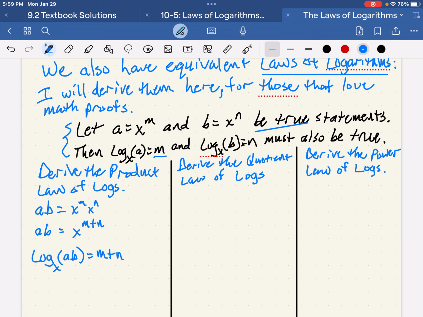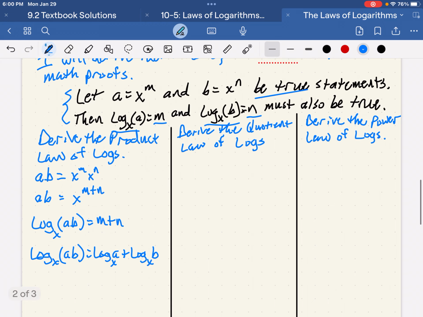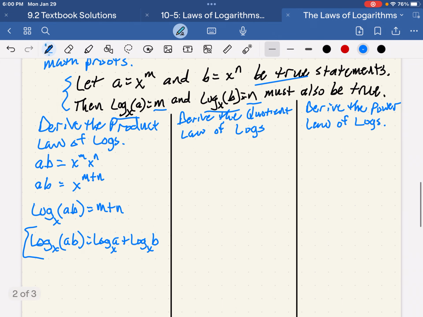But if m equals this logarithm and n equals this logarithm, then can I say that log base x of the product AB equals log base x of A plus log base x of B? So this is one of the 3 properties that you need to memorize. This is referred to as the product rule.